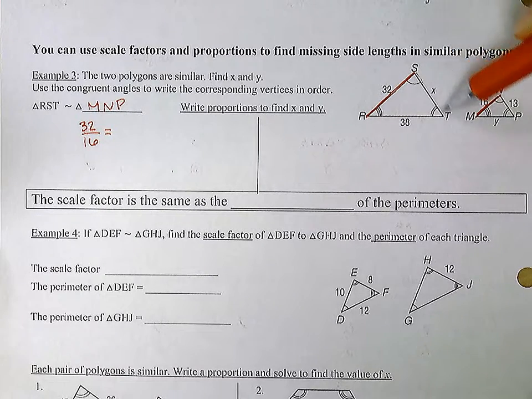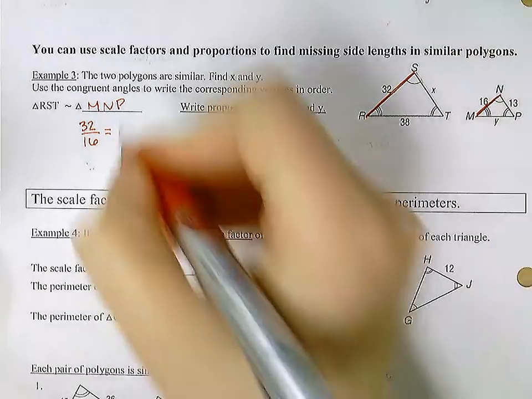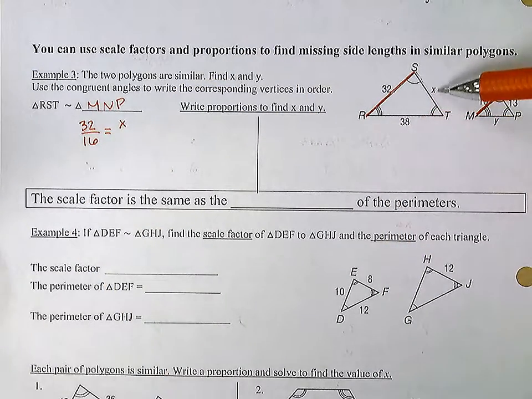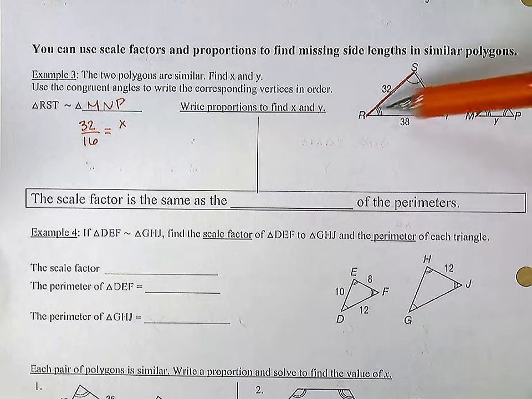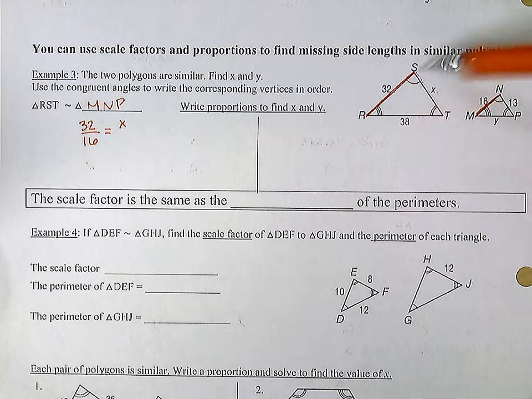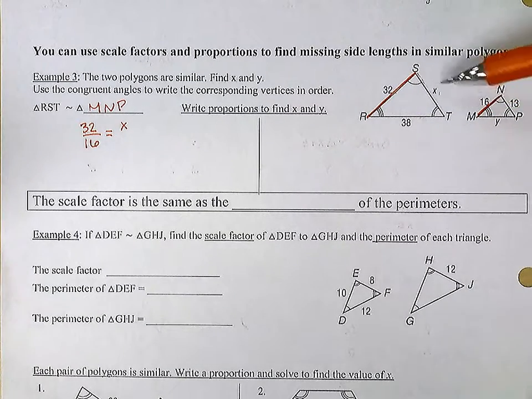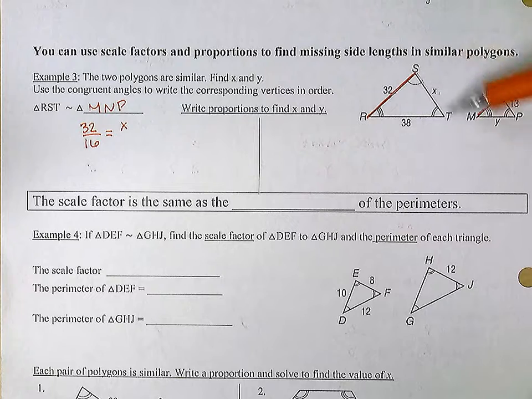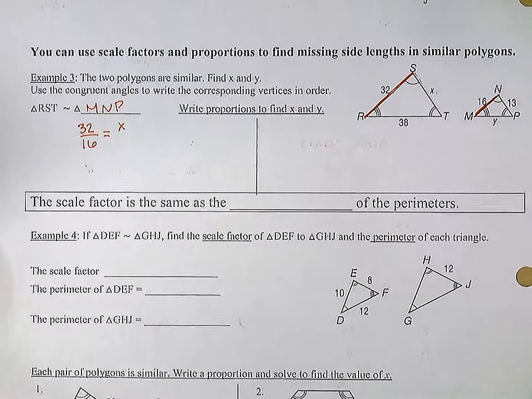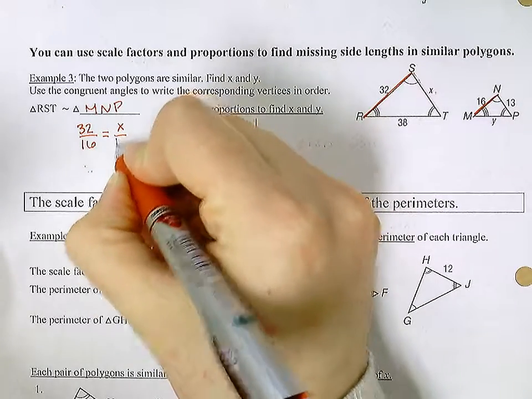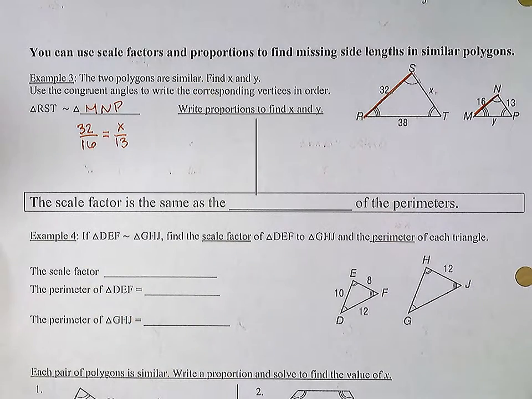So x is right here, of ST. And since I started with 32, I need to start with x. So you can't flip-flop back and forth. Whichever one you start with, you have to start with in your other ratio as well. So what side is similar to side ST in my other triangle? NP. So I'd set x over 13.